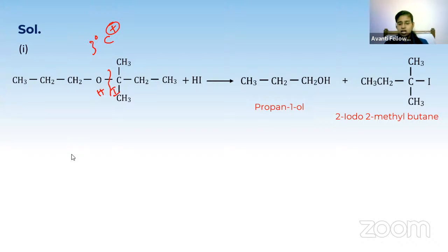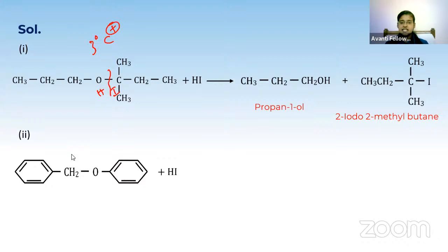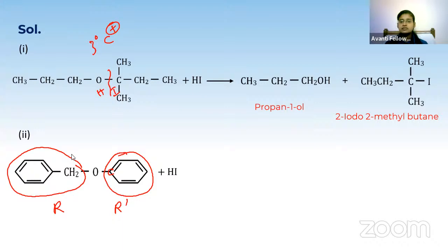Now coming to the second reactant. If this reactant is treated with HI, what are the products formed? Here also we have two carbon oxygen bonds. This is R dash and this is your R group. Which bond will be cleaved, RO bond or R dash O bond? Very good.